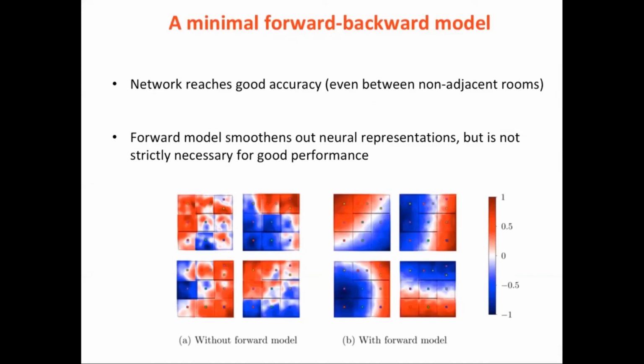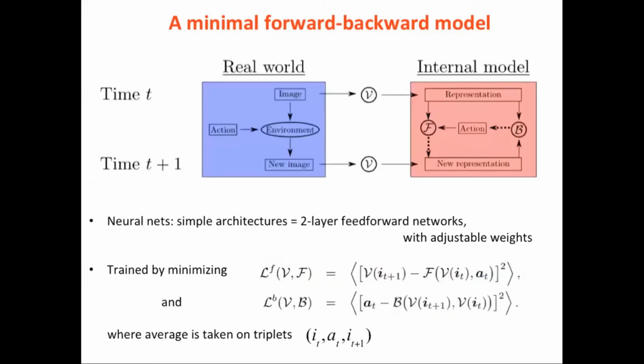And we see that essentially the neural representation depends on the presence of the forward and backward modules. So for instance, without the forward model, only with the backward, we are able to reach a good value of the loss for the motor action.